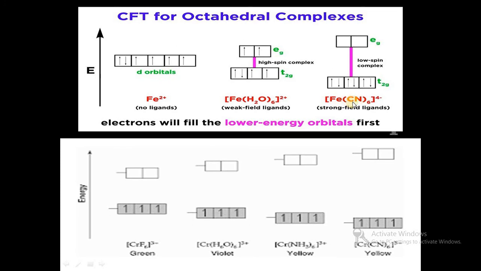In the third example, [Fe(CN)6]4-, iron has 6 electrons, but with CN the ligand strength is increased, so this is a strong field ligand. Due to this strong field interaction with the iron, there is a large energy gap between T2g and Eg, and due to this large energy gap, all the electrons go into the T2g.